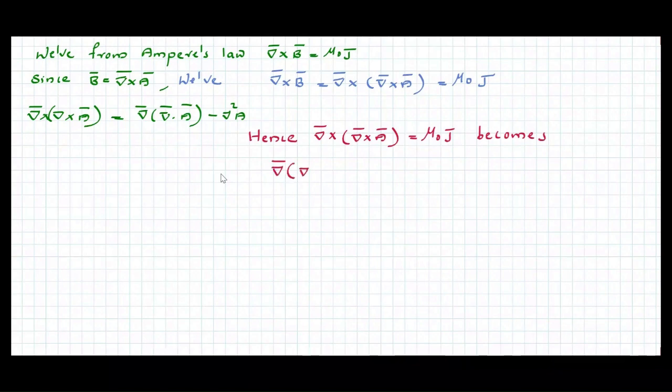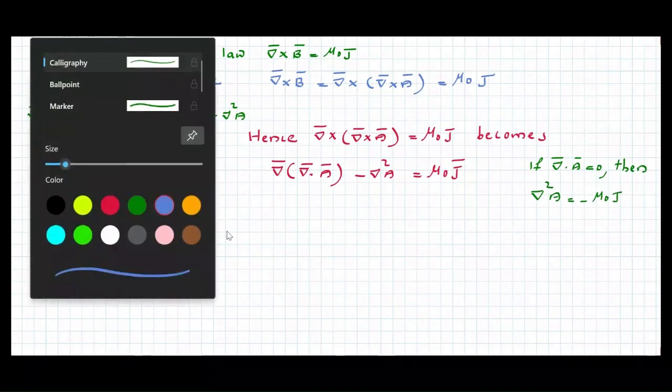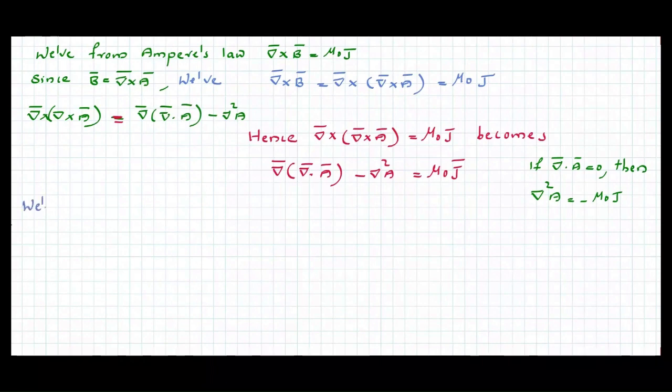Hence, del cross A equal to mu 0 J becomes del of del dot A minus del square A, which is equal to mu 0 J. Now suppose del dot A is equal to 0.